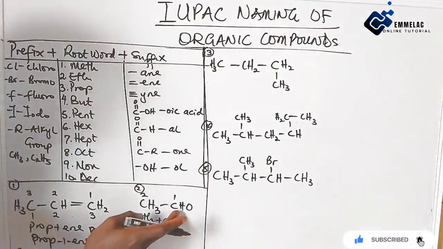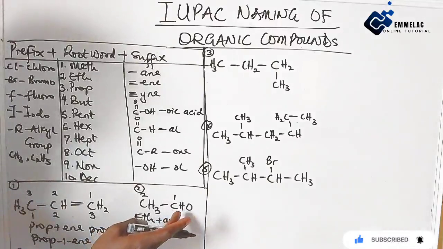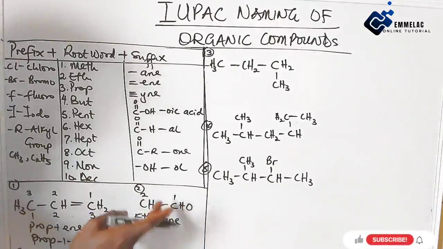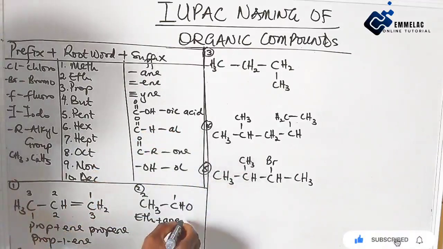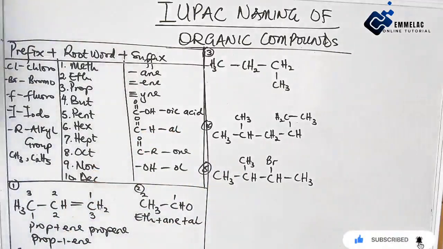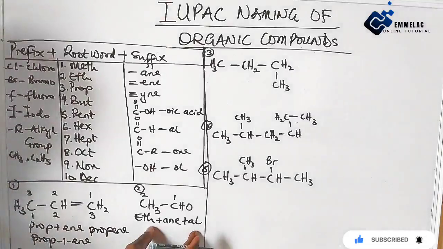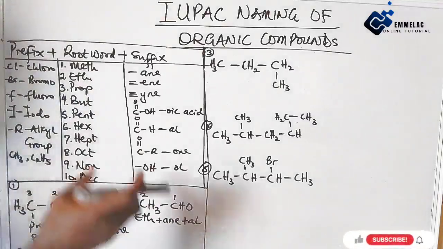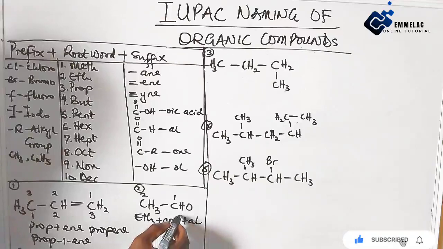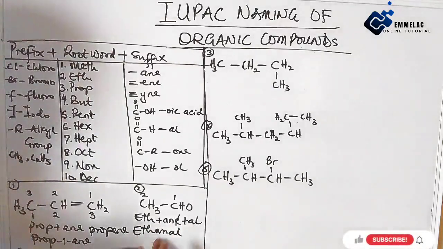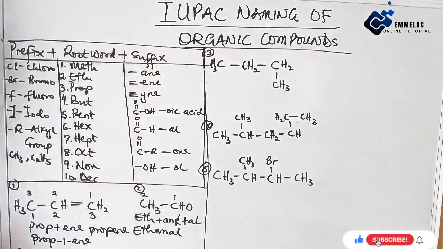But here we have this functional group, the alkanal, and its suffix is al. We will add al. How then do we combine these terms together to give the right organic compound? What we need to do is eliminate this e here, then include al. So here we have ethanal. Ethanal is the name of this organic compound.